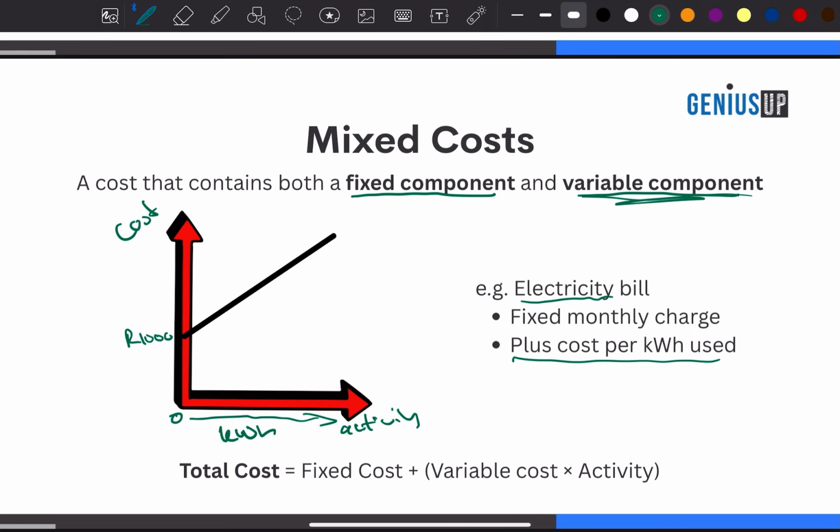If you use zero, you pay that fixed 1,000 rand to be connected to the grid. But once you start using more, the cost goes up because you need to pay this variable component, which is the cost per kilowatt. So that's the idea of mixed cost: a fixed component and a variable component.